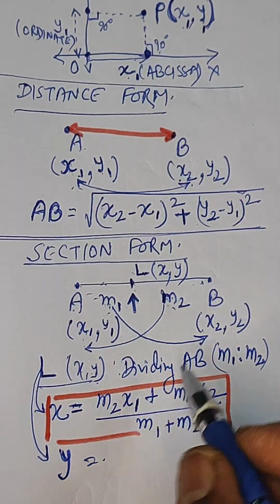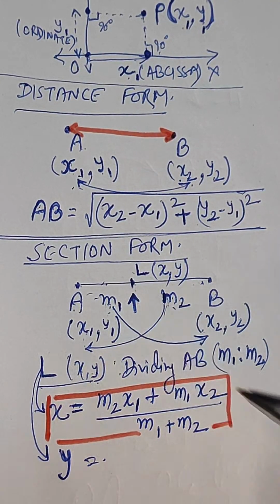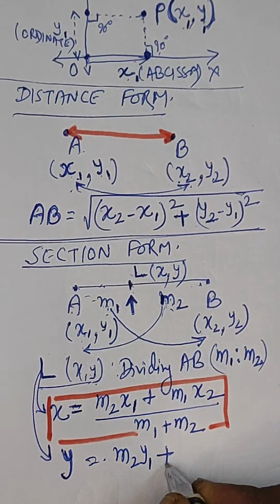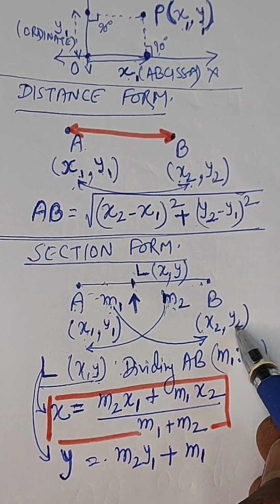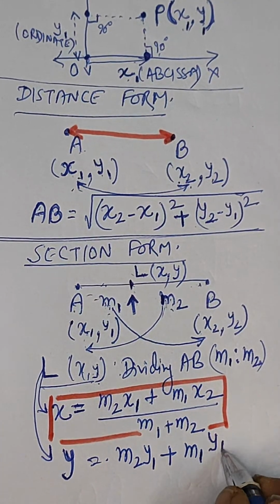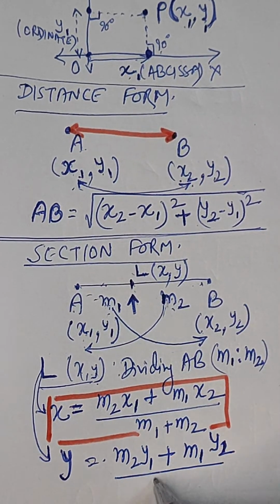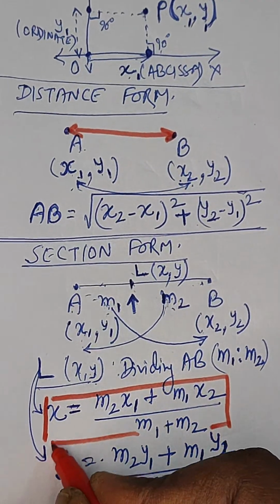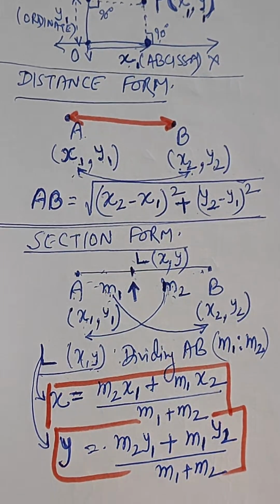So this can be written similarly: m2 into y1 plus m1 into y2, divided by m1 plus m2. So this will give you the y coordinate, my dear friends, right? Such formulas you need to remember.